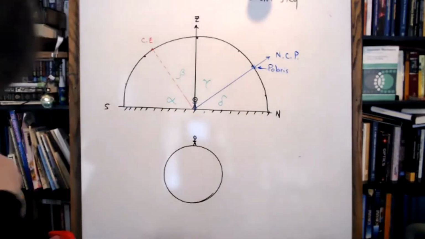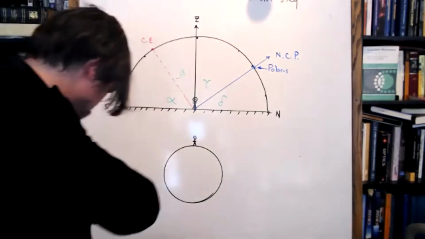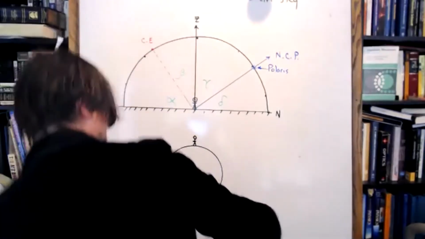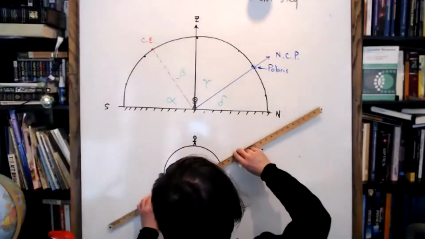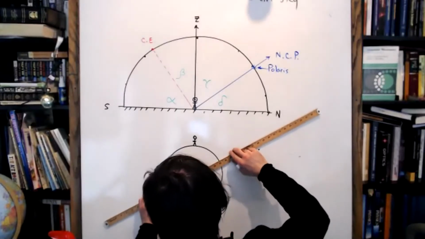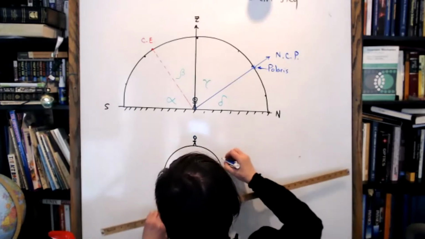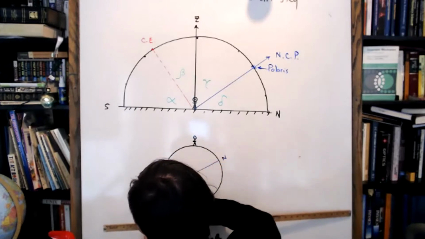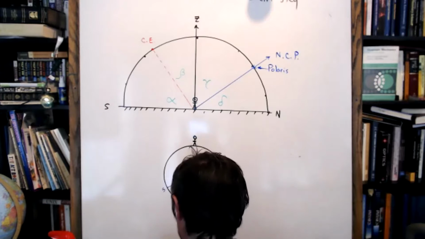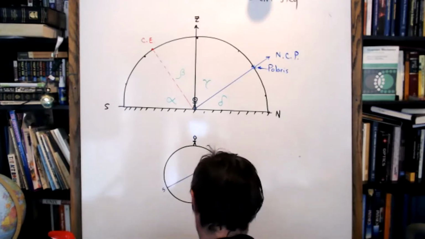Let's draw in the North Pole of Earth. Like so. That's the North Pole. That's the South Pole. And let's draw in the equator.